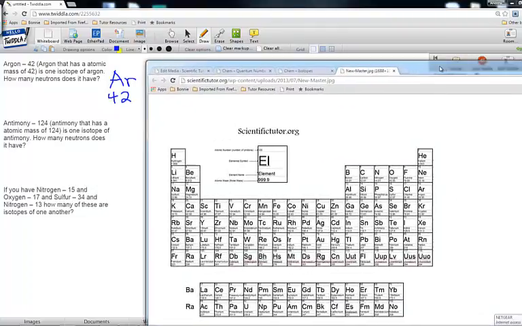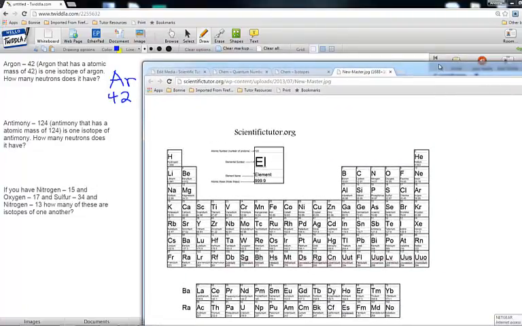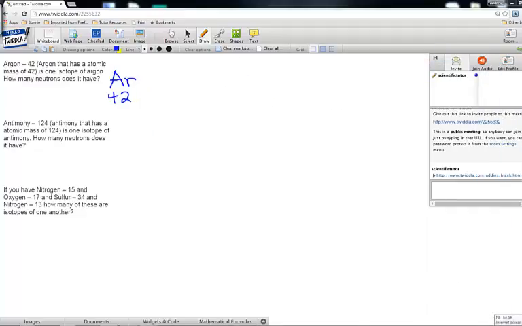If we look at the periodic table, argon here has the top number in its box, 18, which is the protons. Protons.